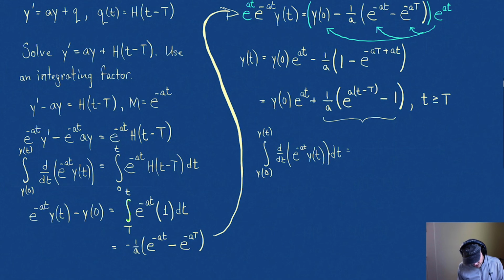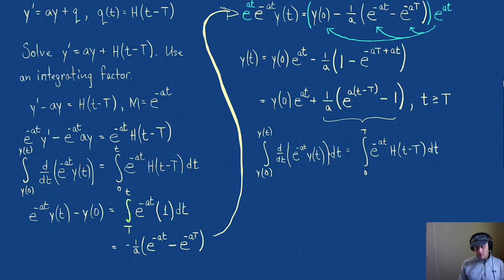And then over here, what if I had this piece, the integral from 0 up to t, and then we'd still have e to the minus a t h of t minus capital T dt. Well, when we had this piece, this whole thing was 0. And so what this means is that it's really a piecewise function.